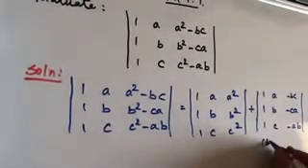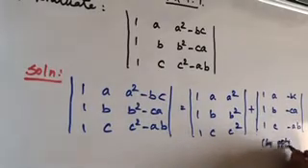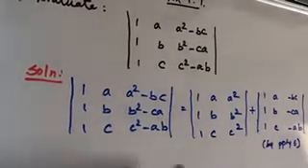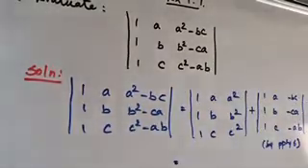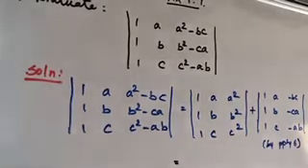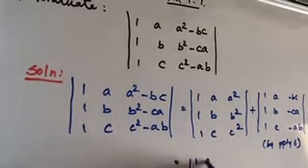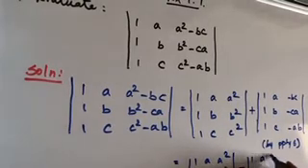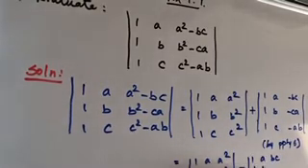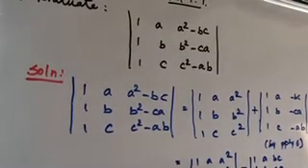Now, in this column all the numbers are negative, so I will take the negative sign commonly. So, 1, a, a square; 1, b, b square; 1, c, c square, minus 1, a, bc; 1, b, ca; 1, c, ab.